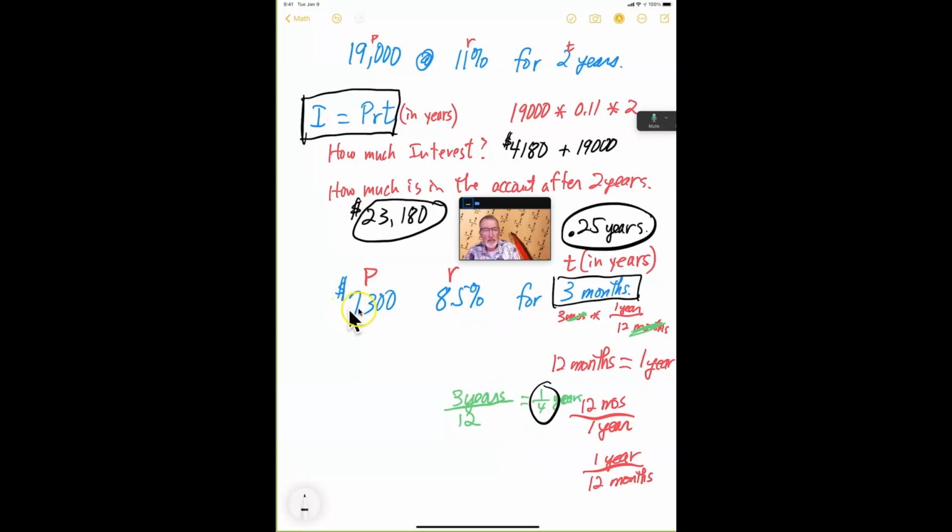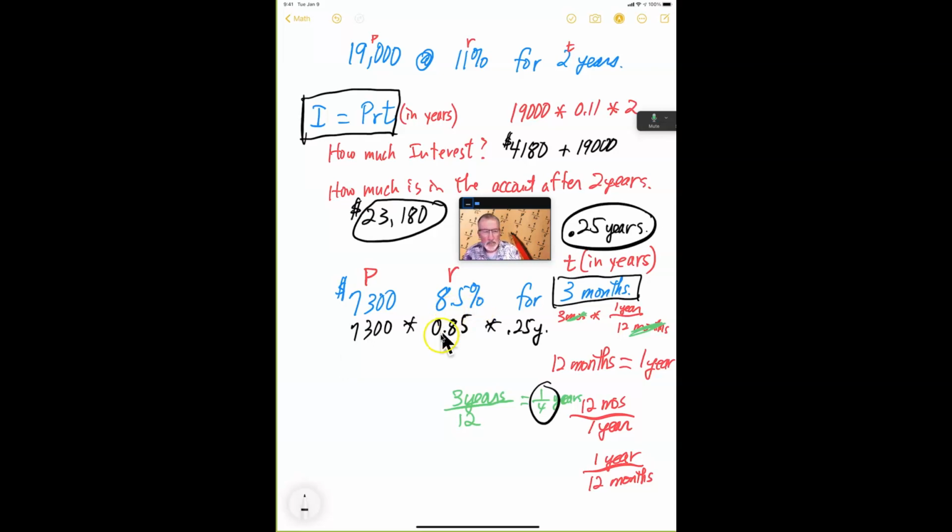So our P is 7,300, our R is 0.85, and 3 months is 0.25 years. So we're going to multiply all of these numbers together. 7,300 times 0.85 times 0.25. So another way to approach this would be to calculate for 1 year and then divide that by 4.